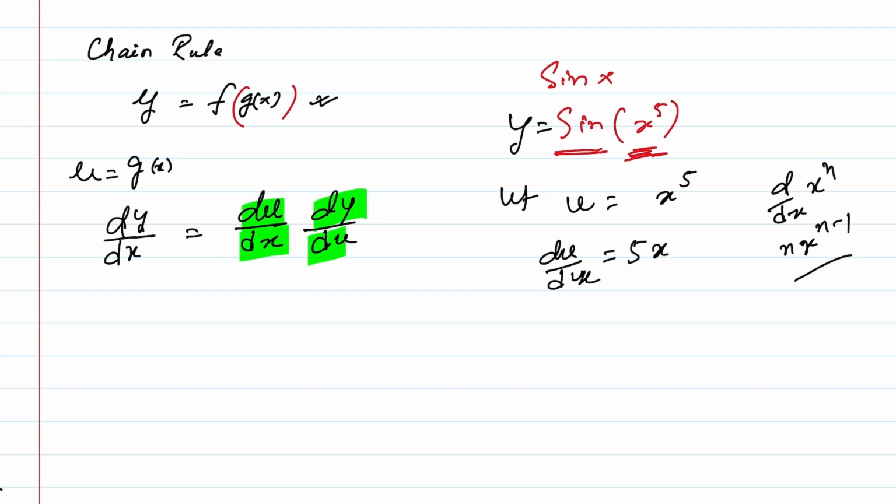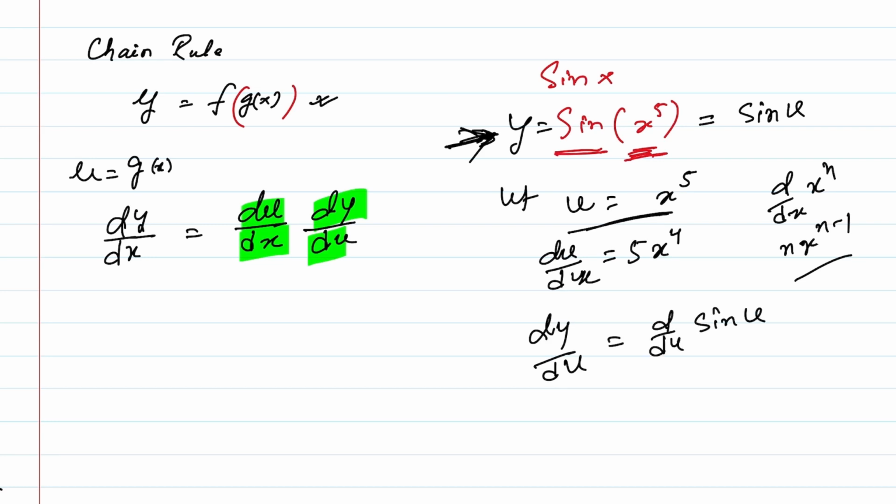So here 5 x to the power 5 minus 1, which is 4. Then again we need to find dy/du. When you consider u is equal to x to the power 5, sine of x to the power 5 becomes sine u. Now you can find the derivative of y with respect to u, that will be d/du of sine u. We know that the derivative of sine x is cos x, so here it will be cos u, instead of x there will be u.